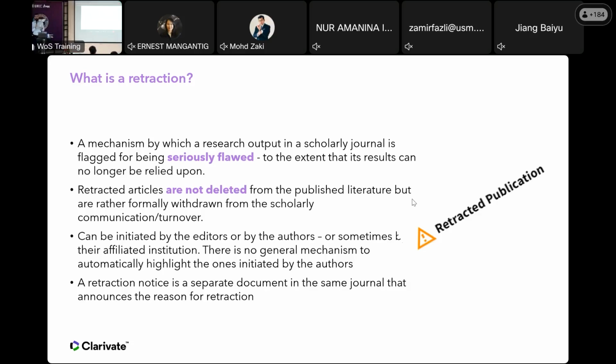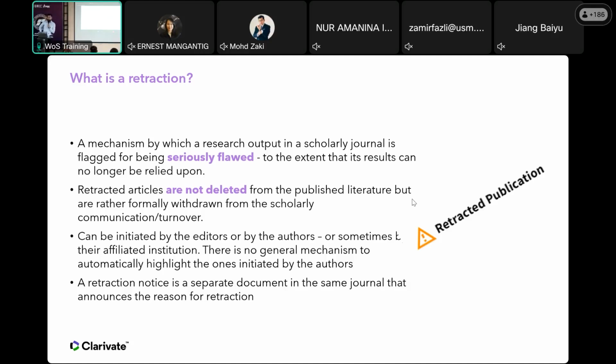But sometimes this happens by the affiliated institution. So again, probably because the general public might start questioning specific outputs in any research, and the researcher themselves wouldn't want to initiate the retraction. Maybe, yeah. Excuse me, this can be done by the institution itself.